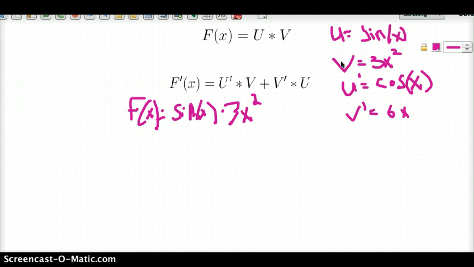And now we're just going to plug our values into the equation for the derivative of f of x.